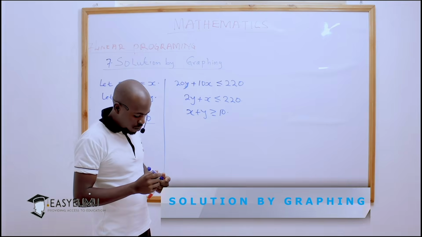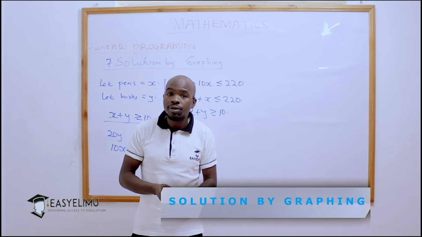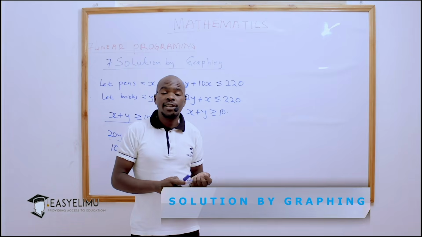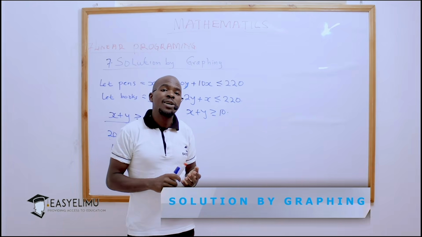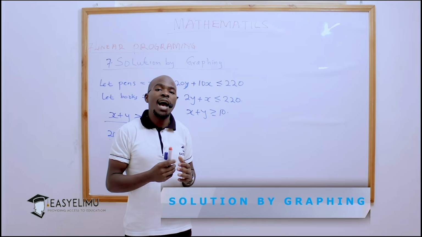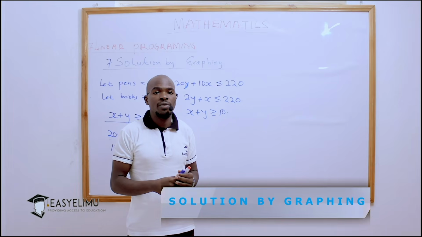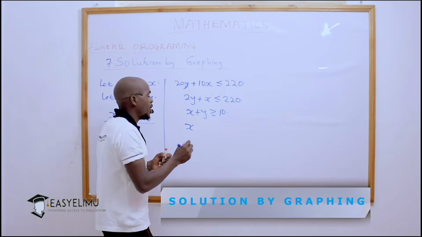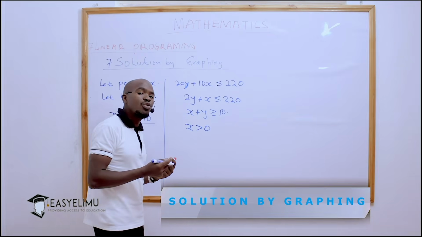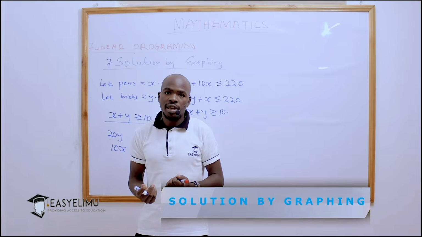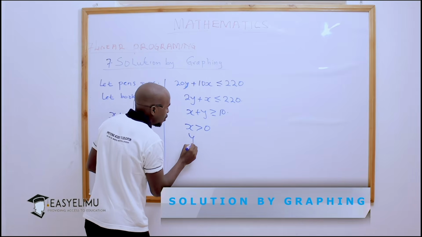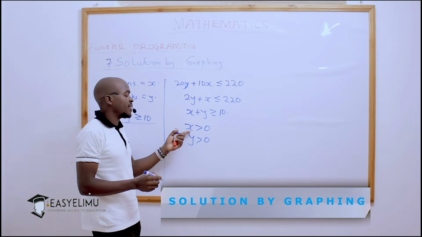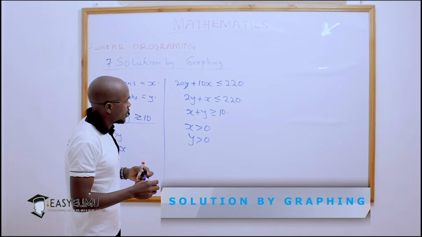But we know from the description, we can comfortably say that if you go to purchase an item, it means you will at least purchase an item. So the number of books purchased will be greater than 0, meaning you will at least purchase something. The same applies to the number of pens.